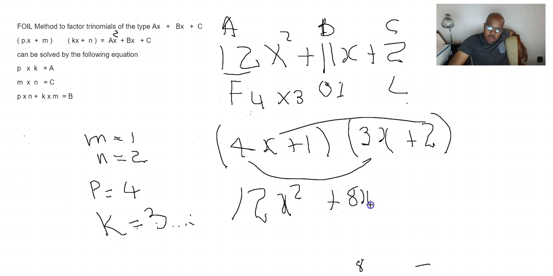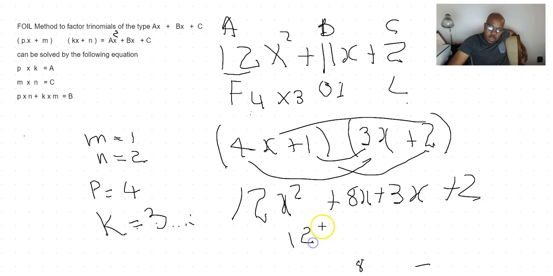This gives me 3x plus 3x, and then this gives me 2 times 1, which is 2. There it is. So basically I have 12x squared plus 11x plus 2.